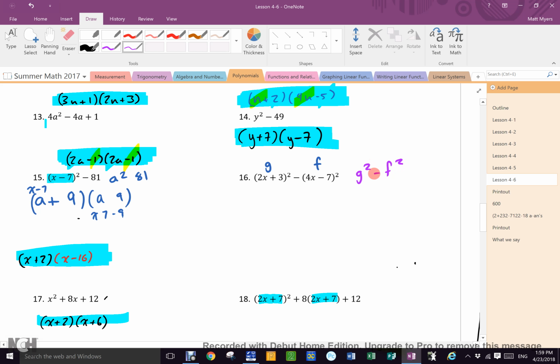So, squared minus squared. What's the square root of G? G plus, what's the square root of F? F. Then what do I write? G minus F. Oh, wow. Agreed? Can everybody get to that spot when the computer writes it up on the screen?